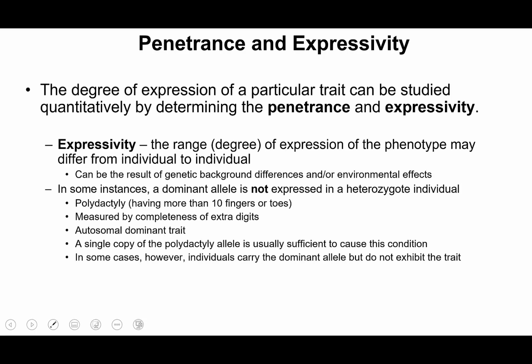Now, expressivity is similar to penetrance, but now we're talking about the range or degree of expression of the phenotype that may differ from one individual to another individual. So can we have some differing expressivity in these traits? So you could have a dominant allele that's not fully expressed in a heterozygous individual. For instance, polydactyly. This is where you have more than 10 fingers or toes.